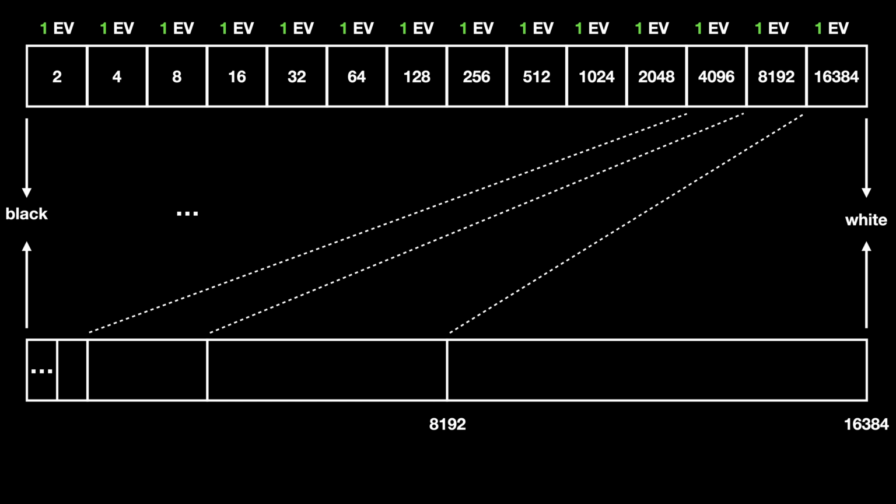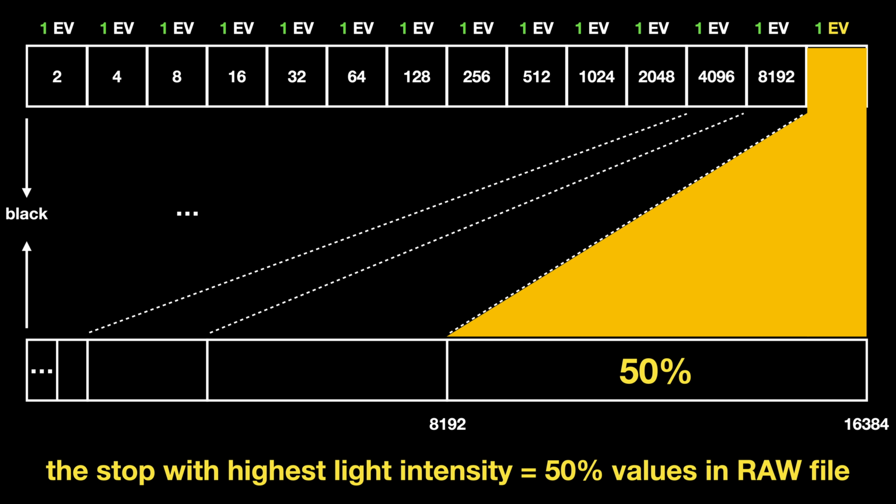But if we now map the EVs or the stops to that raw value range, we find that the stop with the highest light intensity at the very right-hand side of the upper part of that chart makes up 50% of my raw value range. In other words, coming from the right-hand side of my value range, 50% of granularity and values are taken up by just one stop.